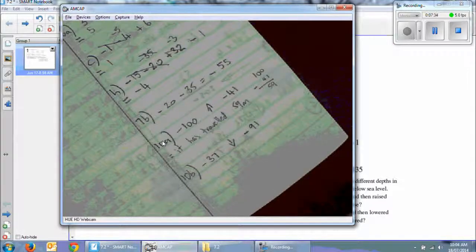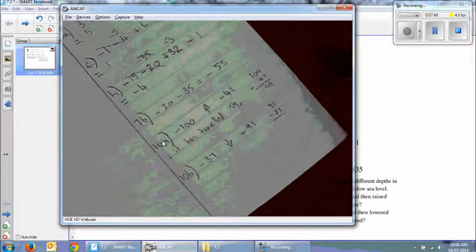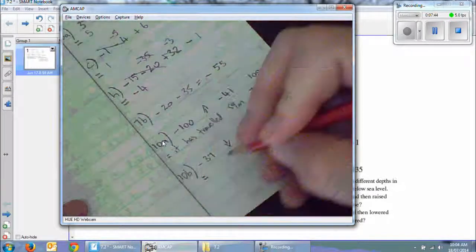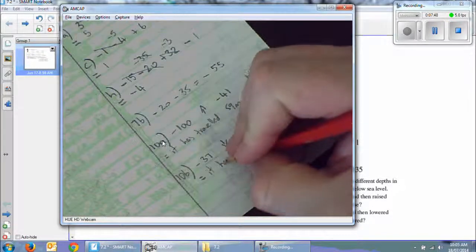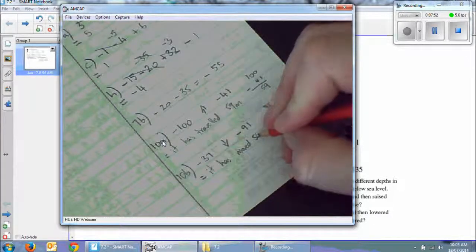If you're wondering how you can work that out, obviously we could just do a 91 take away 37 to give us that number, which is 54. So our answer is it has moved 54 metres.